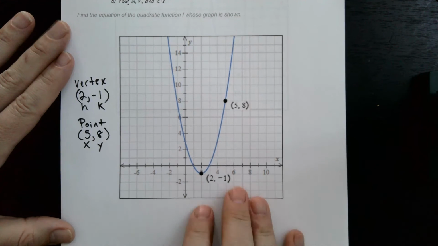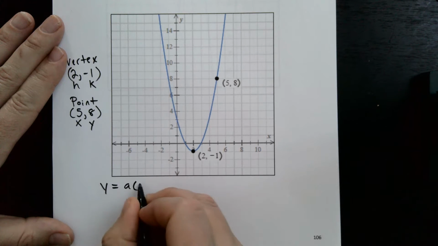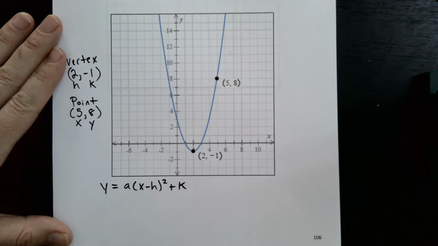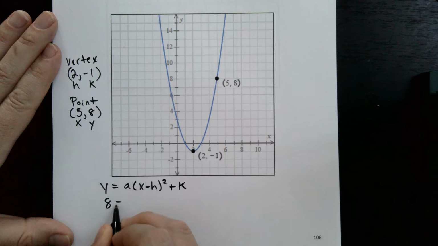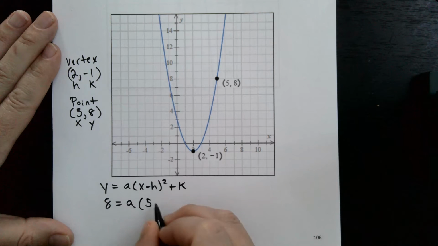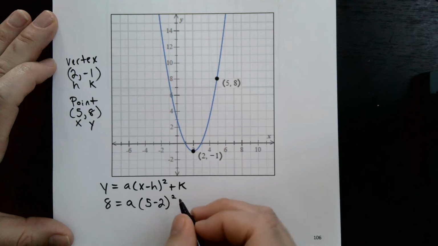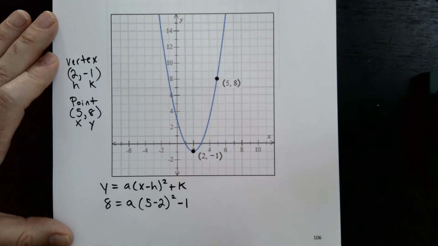Okay, and we have y is equal to a times x minus h squared plus k. So I'll plug in. y is 8, a we don't know, x is 5, minus h, so minus 2 squared, plus k is -1, so I'll put -1.